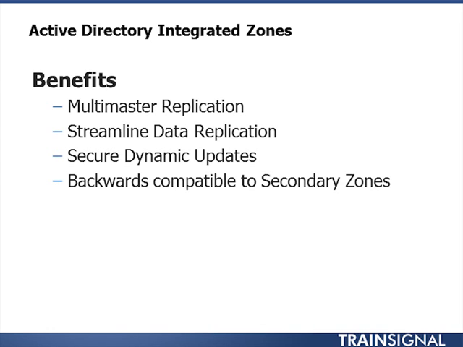And the reason this can happen is because Active Directory, the way it's designed, has a multi-master replication topology. It also allows us to streamline data replication. Instead of having any updates that are made to the zone database replicated individually out to all the other secondary DNS servers, now replication just takes place as part of Active Directory replication, which is already taking place. So there's another benefit there.